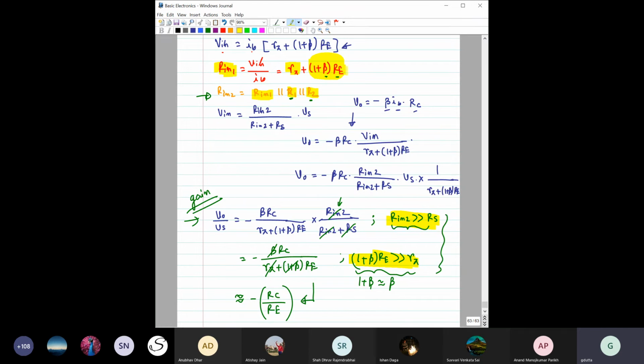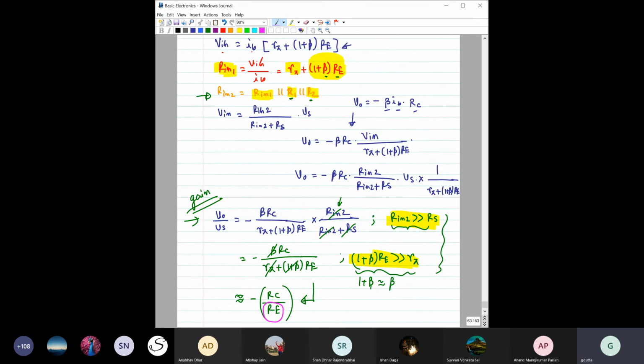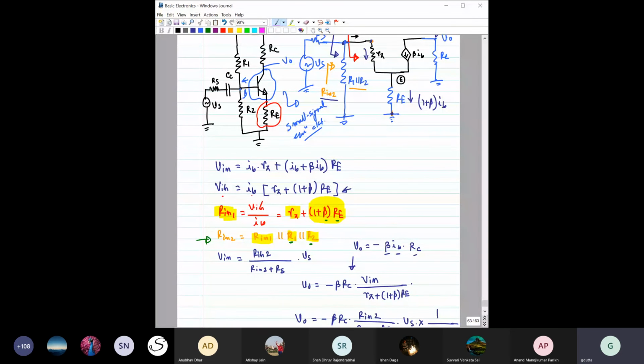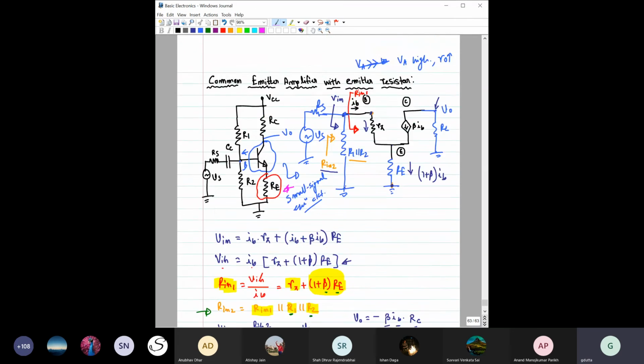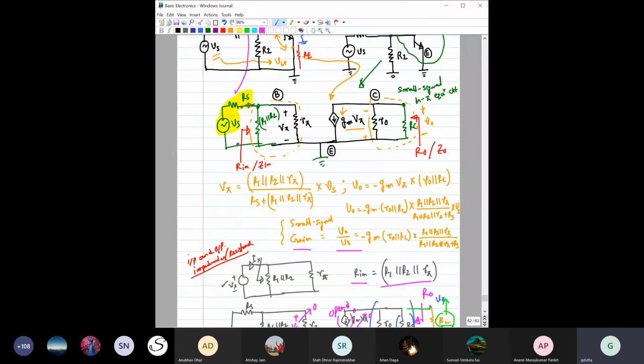But see the drawback. If you have the higher value of RE, then RE is sitting in the denominator, right? So that means the gain actually reduces, right? So whenever you are introducing this emitter resistance, your gain falls down.